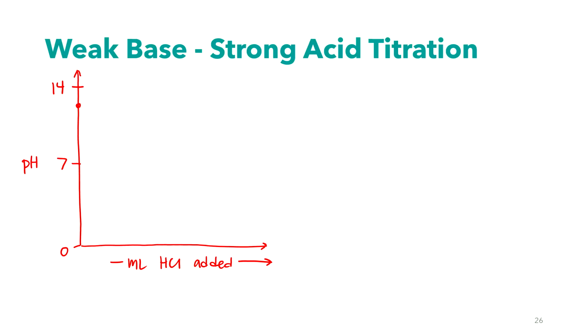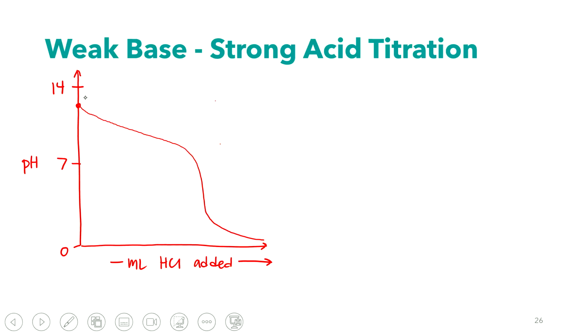I know I'm going to start at a high pH. We have a base. I put a weak base in, so I should have a pH elevated above 7. I start adding in acid, and I'm going to be converting some of my base to BH+. So I'm going to start seeing a drop. And then all of a sudden, I'm going to see that rapid drop.